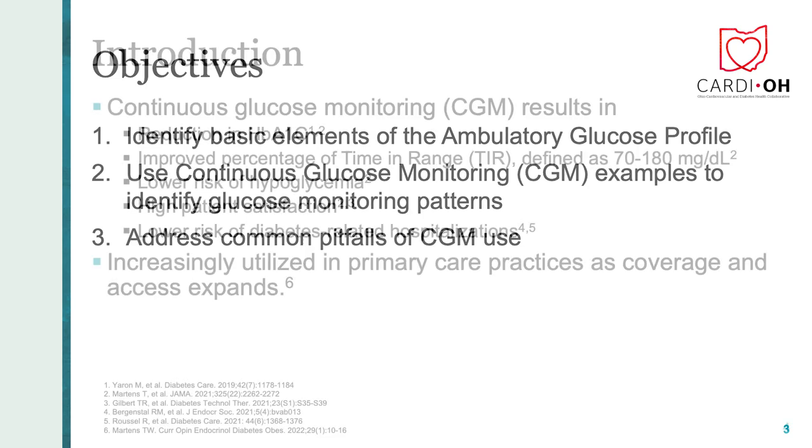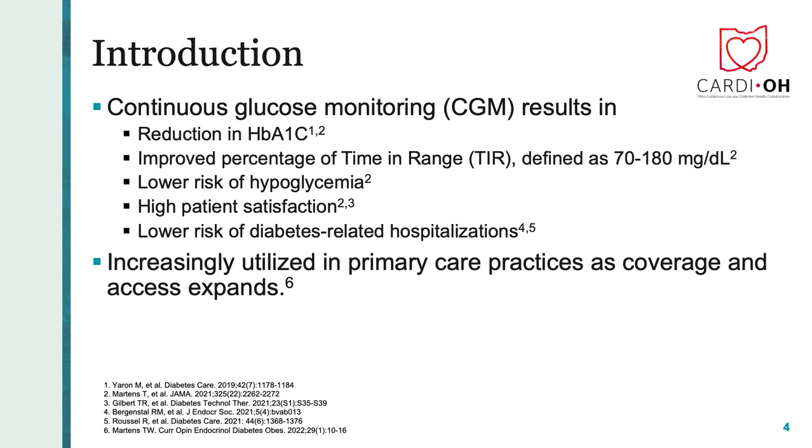interpreting CGM. As a way of background, the whole reason for implementing CGM in your practice is to improve glucose control. And in patients with type 2 diabetes, in particular, clinical trials have demonstrated reductions in hemoglobin A1C, also improvements in the time in target range, which is generally defined as 70 to 180 milligram per deciliter.